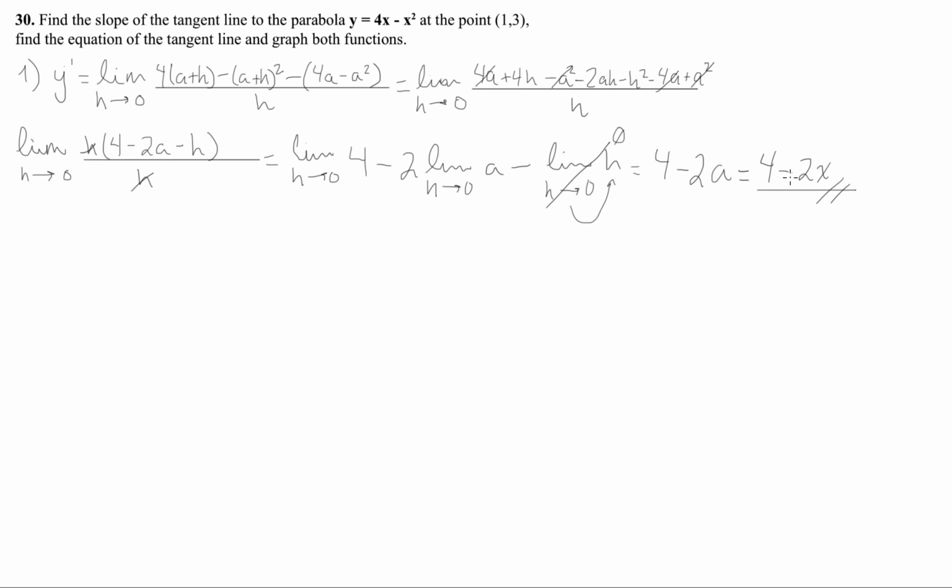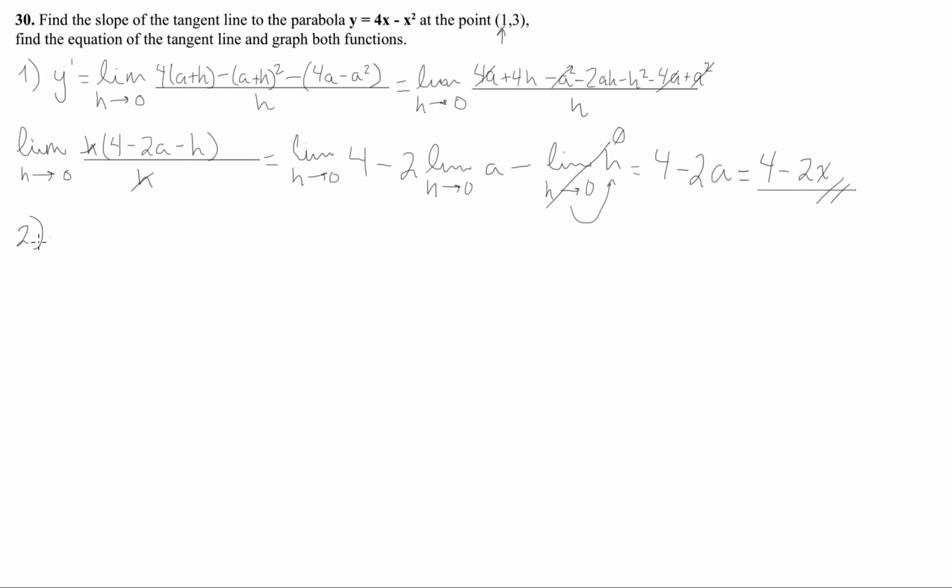The derivative, as we said in class, is a family of all of the slopes from this function. So now we need to find that specific slope, at the point when x is equal to 1. So the next step will be to calculate the slope at this point, at 1.